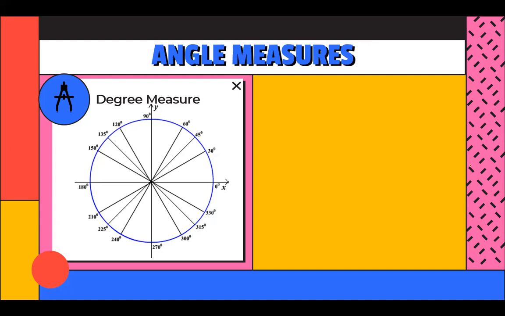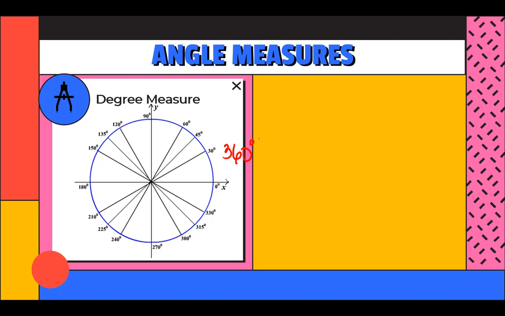Our sign for degree measure is that it has a degree symbol. And just for everyone's information, maybe you have forgotten about this, one complete rotation of an angle in degree measure measures 360 degrees. Okay?